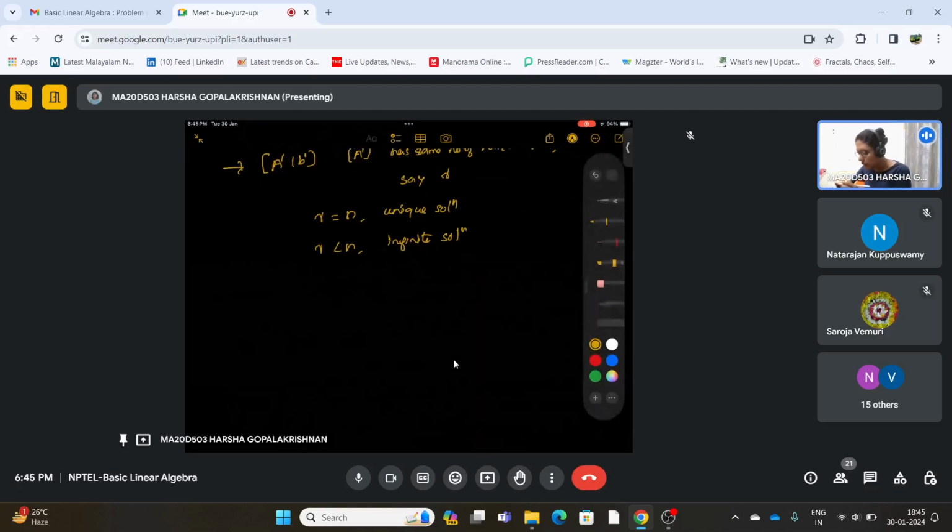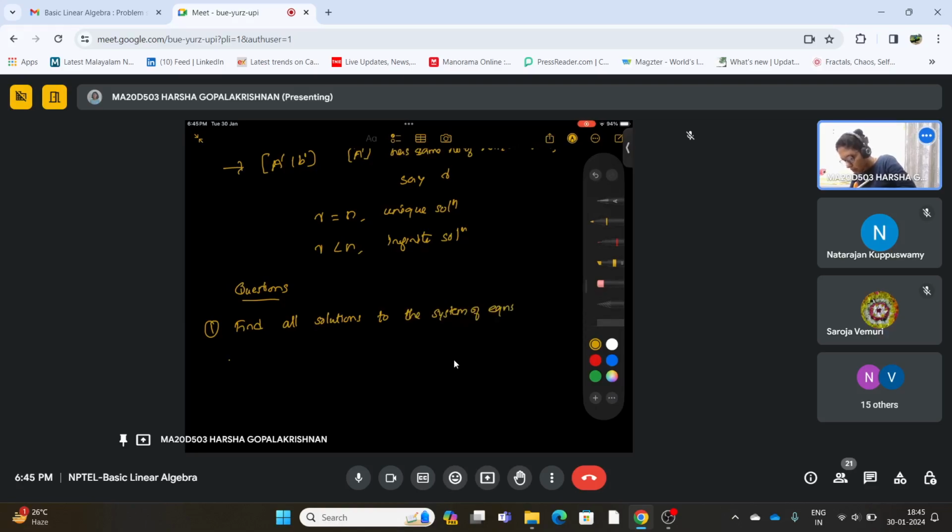So now we can do one question. Here we have two equations, (1 minus i) x1 minus i x2 equal to 0, 2x1 plus (1 minus i) x2 equal to 0.